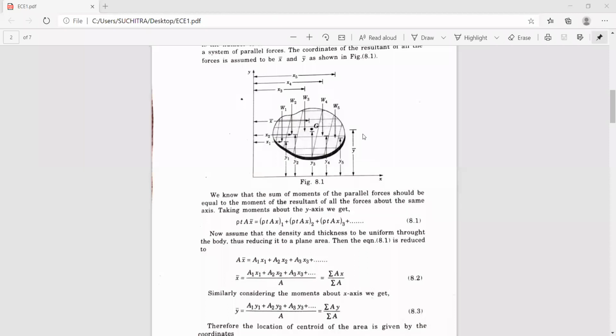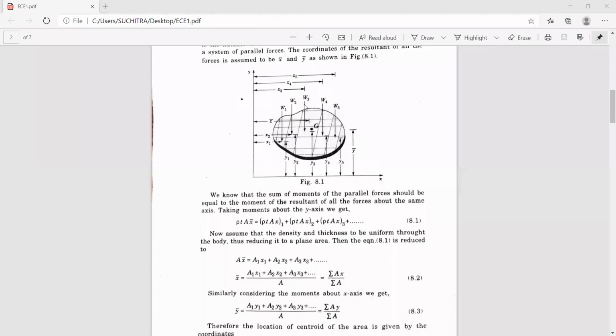So the centroid is nothing but the geometric center of any given figure. x bar is always measured with respect to the y-axis, and the y coordinate distance is always measured with respect to the x-axis. What we have done is we have considered a plane area on the xy plane, and this plane area is discretized into a number of small elements.